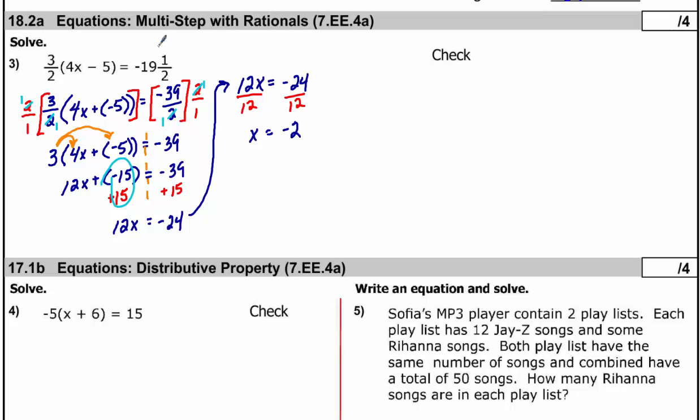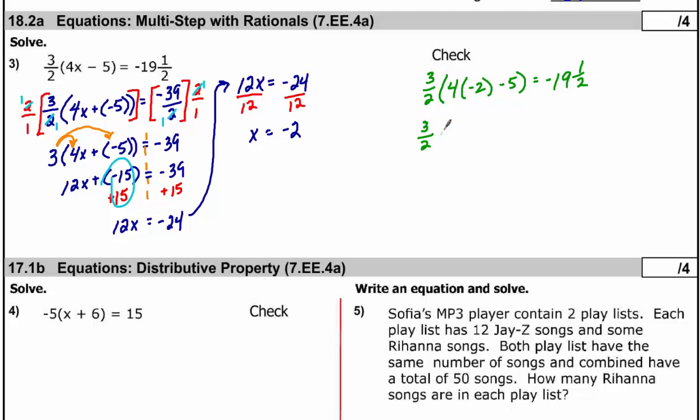That's my answer. All right, let us go ahead and make sure that that answer works. So we're going to have 3 over 2 times 4 times negative 2 minus 5 equal to negative 19 and a half.